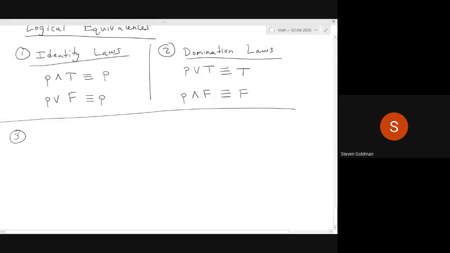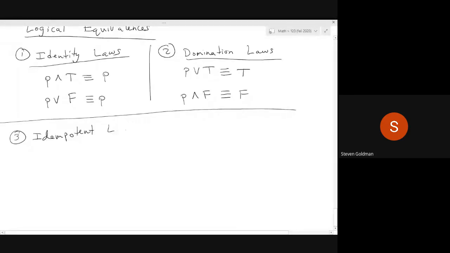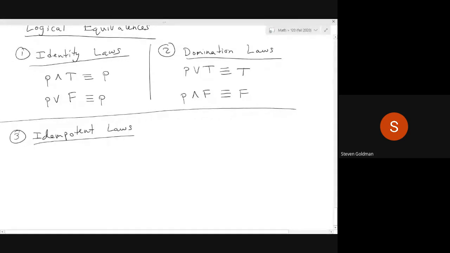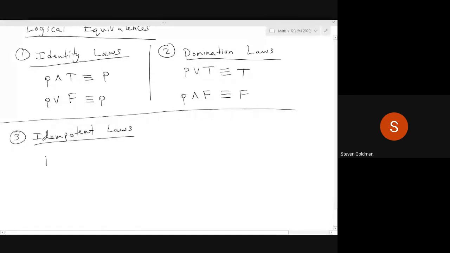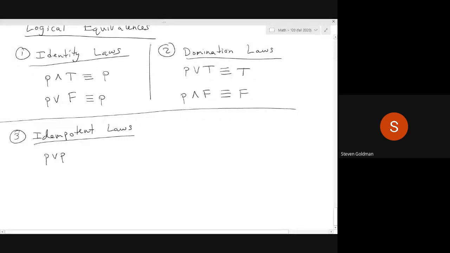Number 3, the idempotent laws. P or P, the disjunction of P with itself, is equivalent to P. For the gamers, that's player versus player. And the conjunction P and P is logically equivalent to P as well.